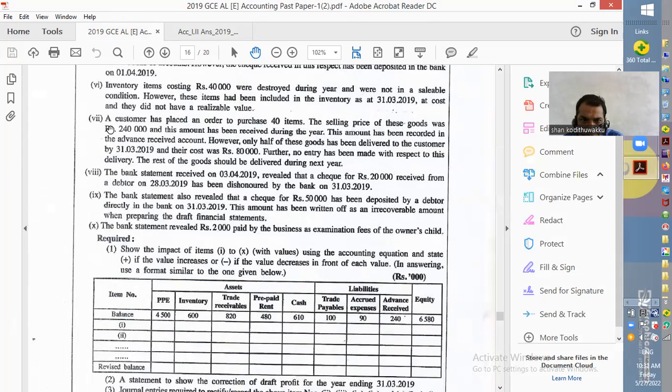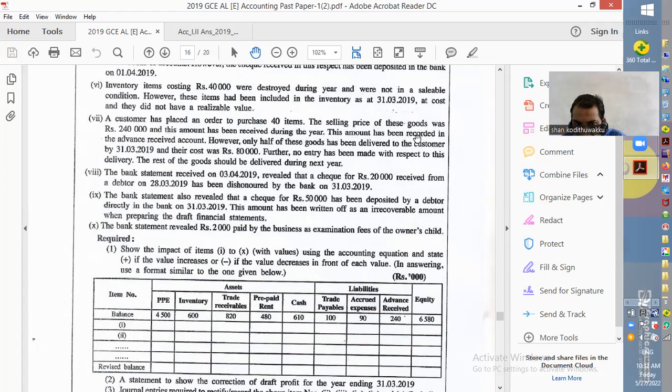Adjustment number 7. A customer has placed an order to purchase 40 items. The selling price of these goods was 240,000, and this amount has been received during the year. Right. That means we have got the sales value as a sales advance before the customer buys goods from the company.